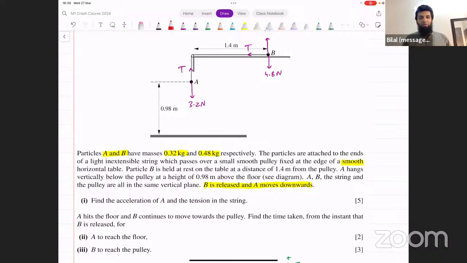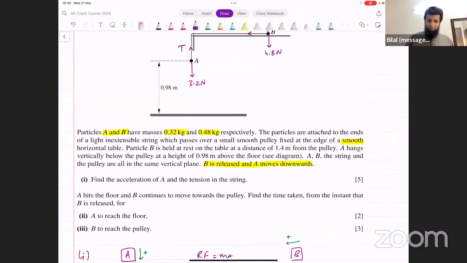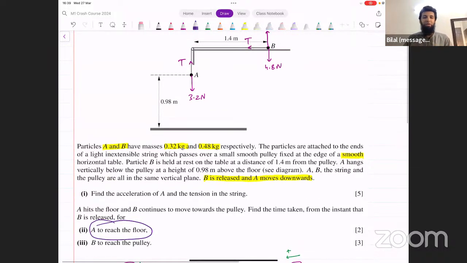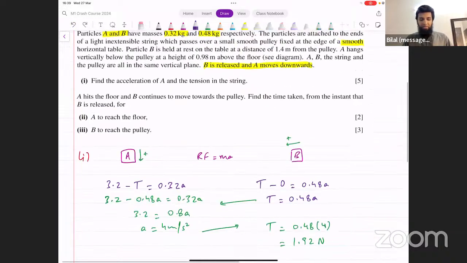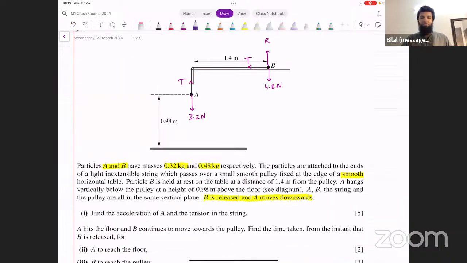Now A is moving downwards, B is moving towards left. What's the time taken for A to reach the floor from the instant that B is released? So basically, after the particles start moving, how much time does A take to reach the floor?